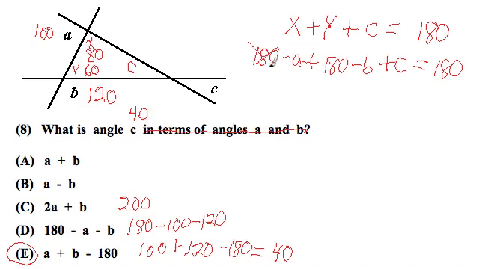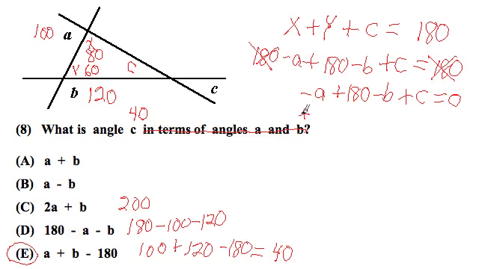Since we have 180 on both sides, we could subtract 180 from both sides, and we get minus a plus 180 minus b plus c is equal to 0.